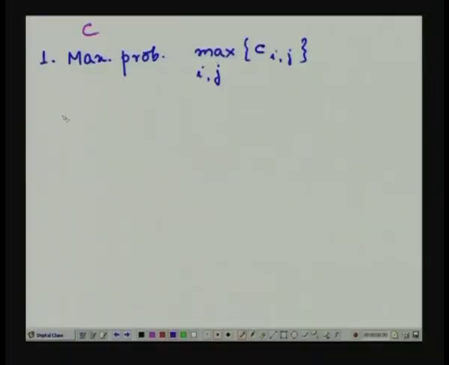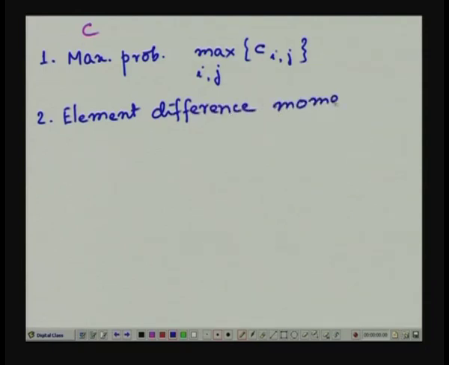The other kind of descriptor that we can obtain from this co-occurrence matrix is what is called the element difference moment of order k.